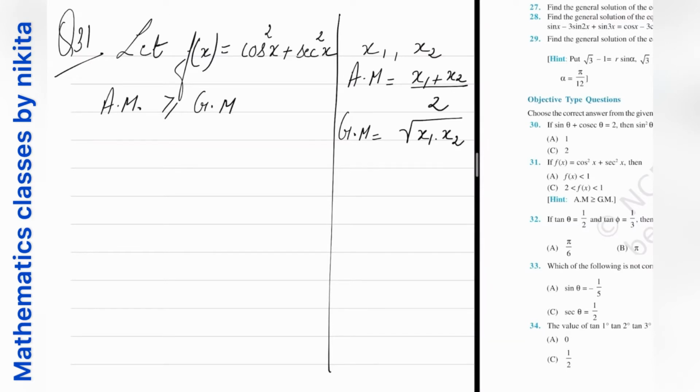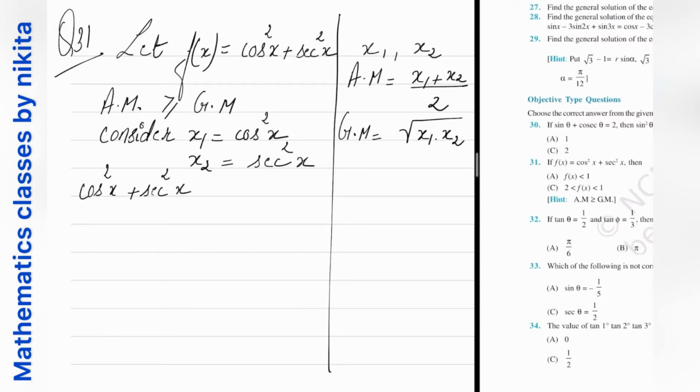So consider these two numbers, x1 equal to cos square x and x2 equal to secant square x. So what you will get? You will get that (cos square x plus secant square x) divided by 2 is greater or equal to under the root cos square x into secant square x.